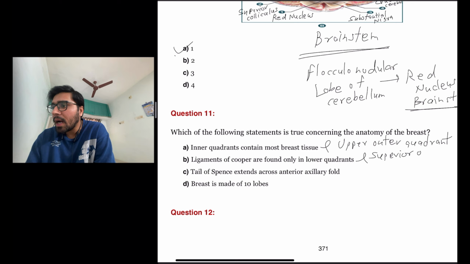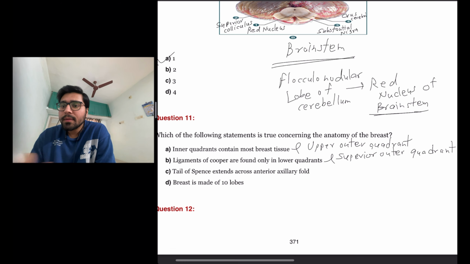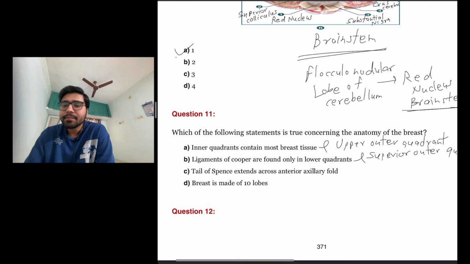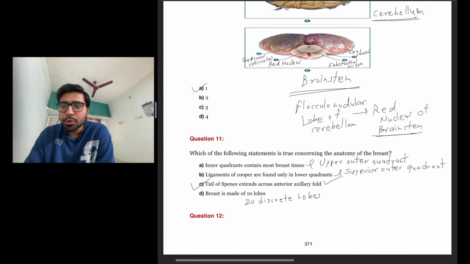The next statement is the tail of Spence extends across anterior axillary fold. This one is a completely true statement. And the next statement is breast is made up of 10 lobes. No, it is made up of 20 discrete lobes. So the answer here is number C. That is the true statement.